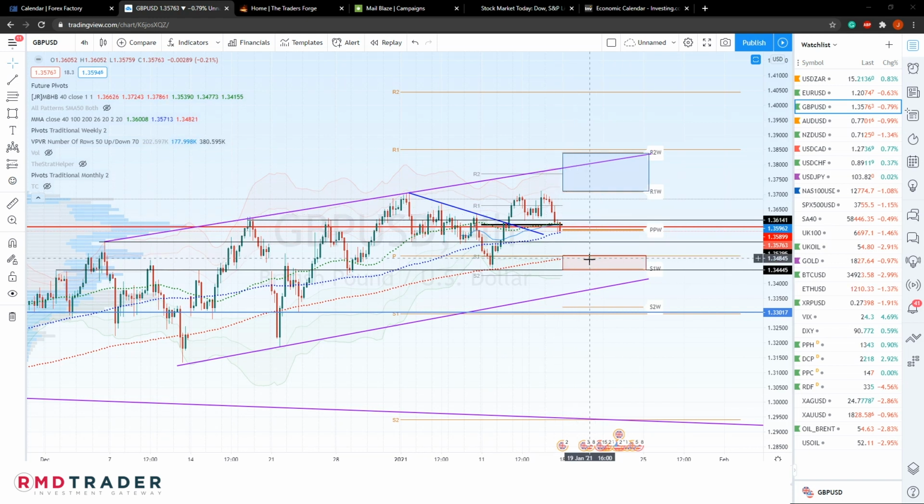Just considering that if price were to break lower, move into this area of support and fail, there's also this additional support that we have from the lower boundary from this larger channel, and that would also be near 1.342. So that would also be worth taking into consideration when price moves down into this area.